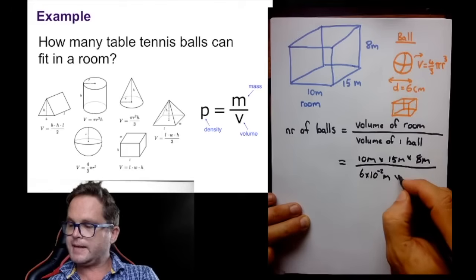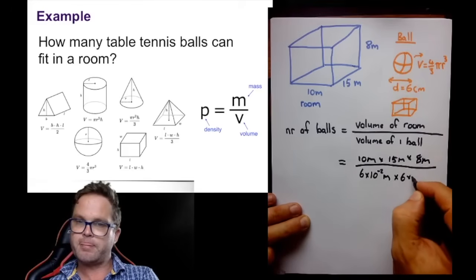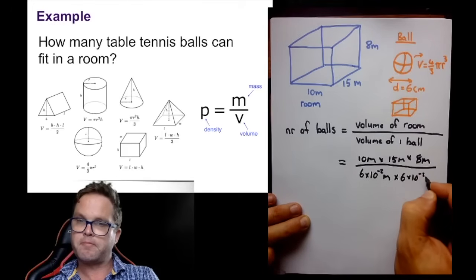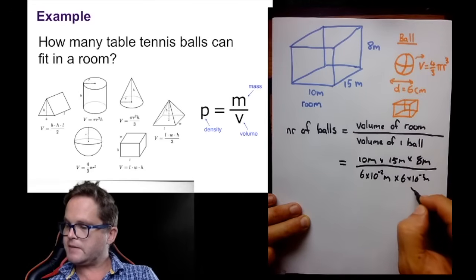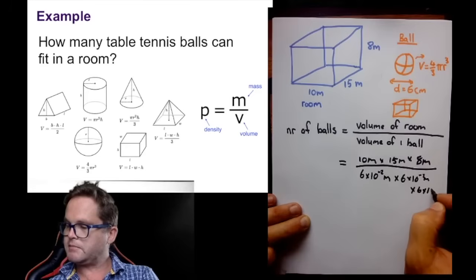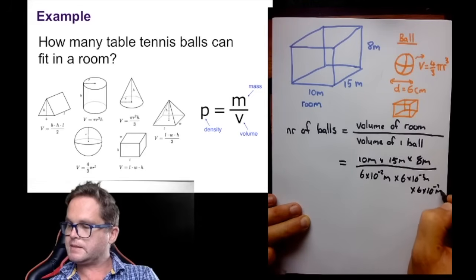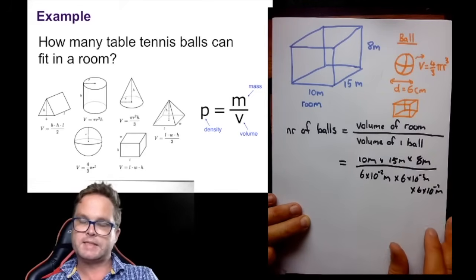So it will be length times breadth and then times 6 times 10 to the minus 2 meters again. I ran out of space there.